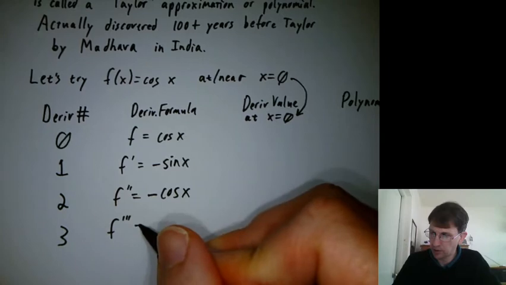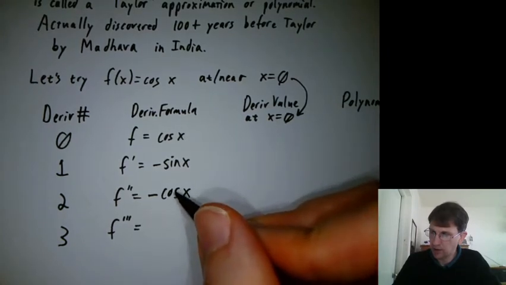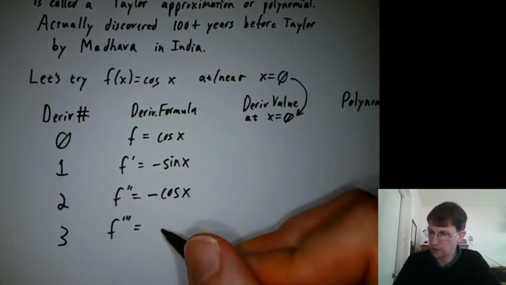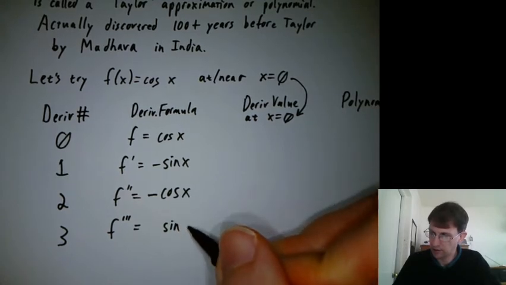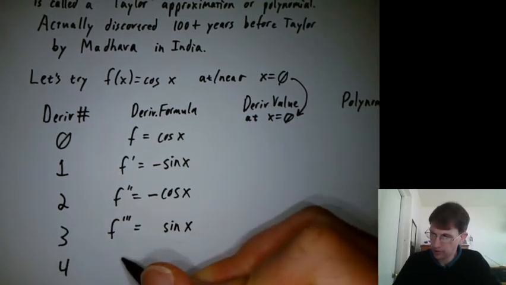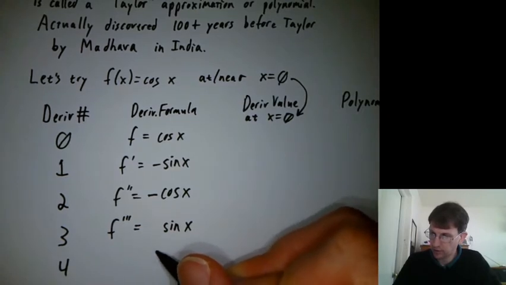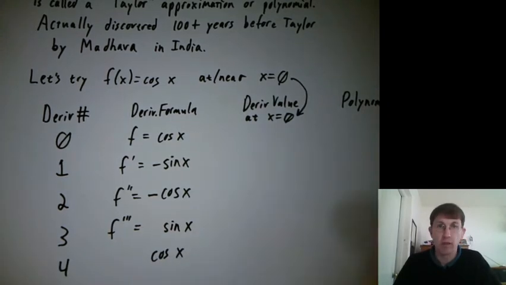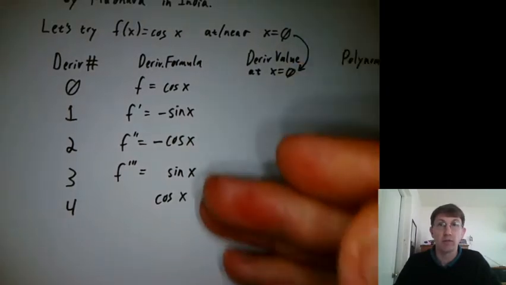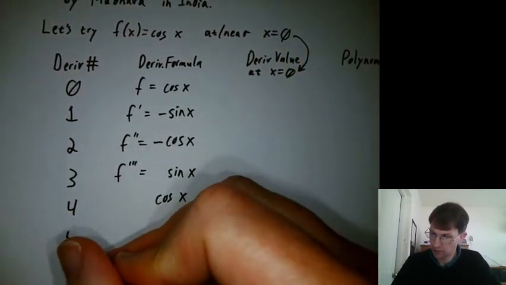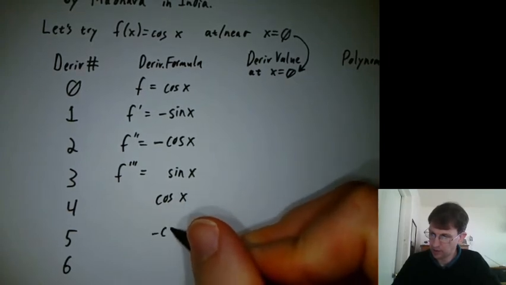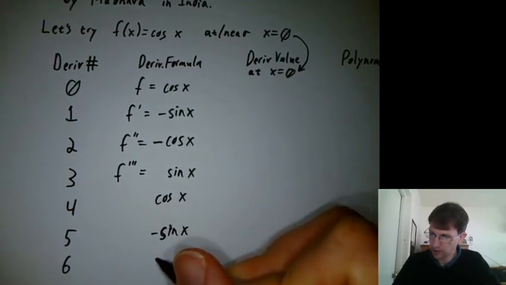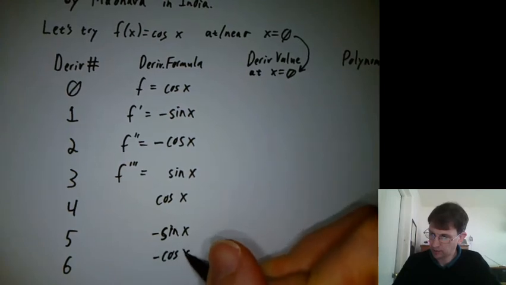F triple prime would be the derivative of negative cosine. The derivative of cosine is negative sine, so we'd have minus minus, so we just have sine x. Fourth order, we'd have cosine x. And then what happens? It just repeats. Let's try it at least 2 more times. The derivative of cosine x is negative sine x, and then negative cosine x.